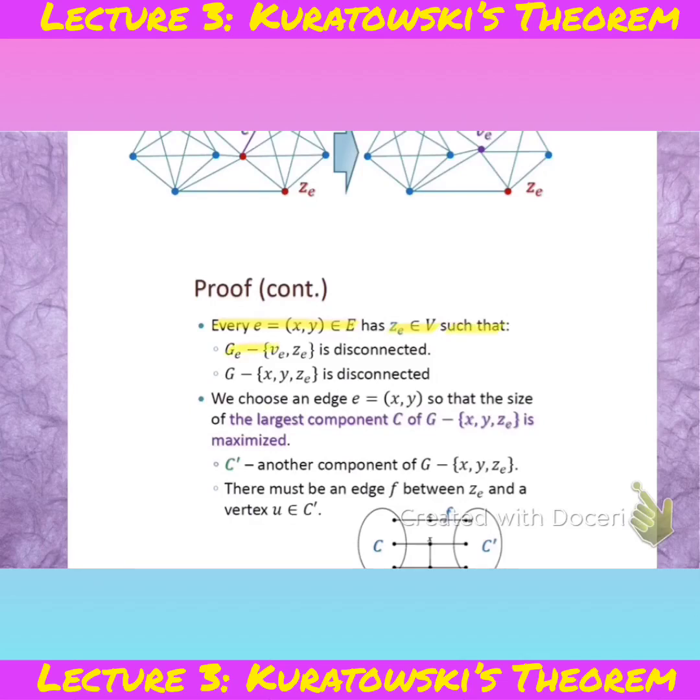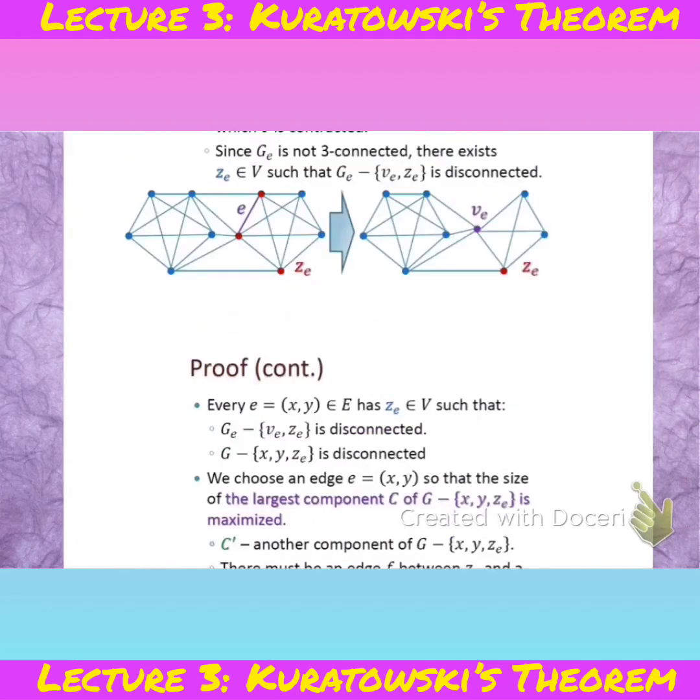If you delete VE and ZE, the graph becomes disconnected. And remember, VE is the vertex you get from contracting the edge XY, and ZE is that other cut vertex we're talking about. And just remember, this is a disconnected graph because VE ZE is a cut set.